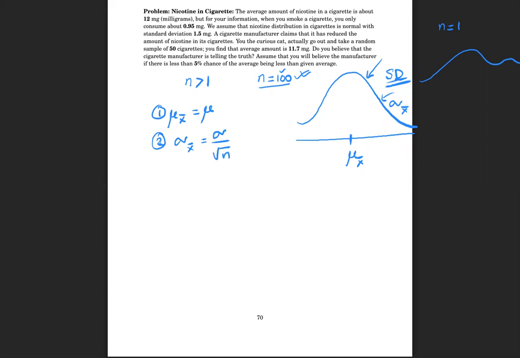That means sigma, the population standard deviation, divided by the square root of the sample size. That is the relationship between sampling distribution standard deviation and population standard deviation. So these are the two conclusions of the central limit theorem.